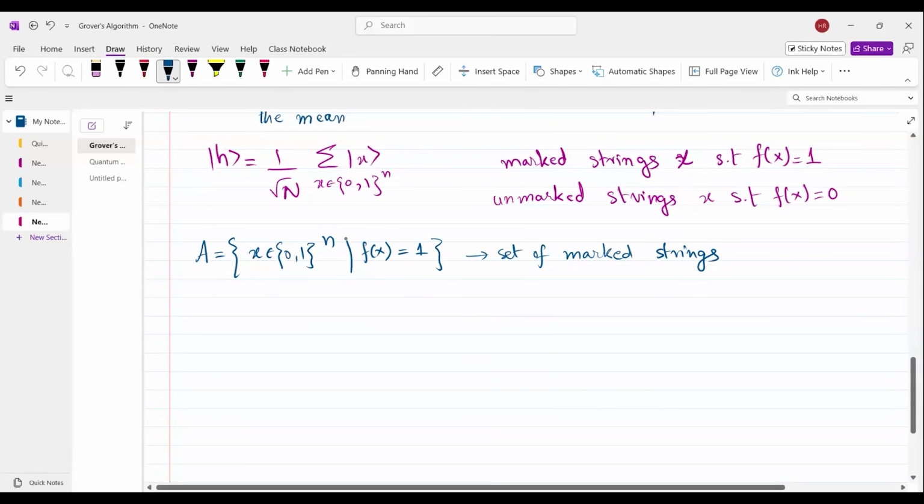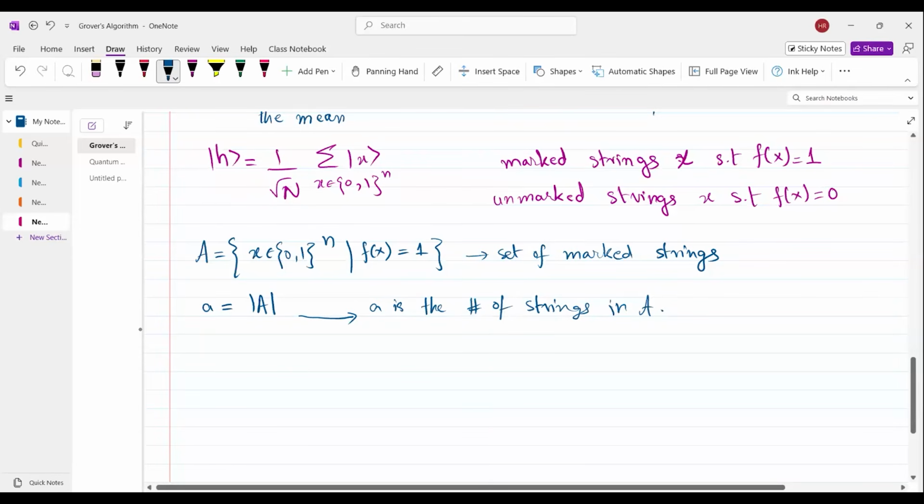And let us represent the cardinality of this set by this small letter a. So what exactly do I mean by cardinality of the set? Small a is the number of strings in the set A.